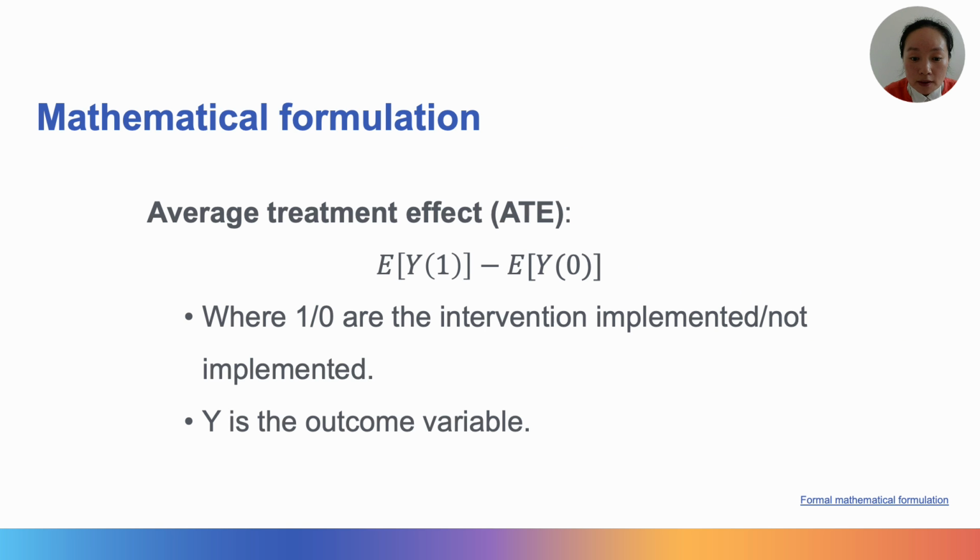One of the most popular treatment effects is the average treatment effect. Its mathematical formulation can be summarized as the difference in the outcome variable between the intervention group and its synthetic control group, as you can see in the listed equation, where 1 and 0 represent the intervention and non-intervention group respectively, and y is the outcome variable.